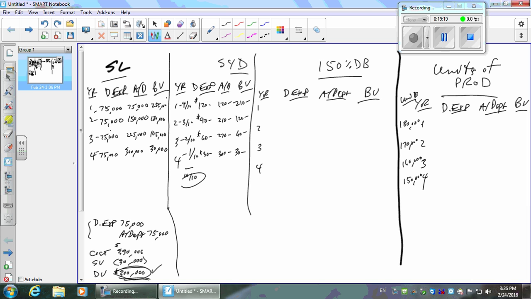There's the units if you get done with the declining balance. Here's my units for each year: 180, 170, 160, 150. So now you can do that too, okay?